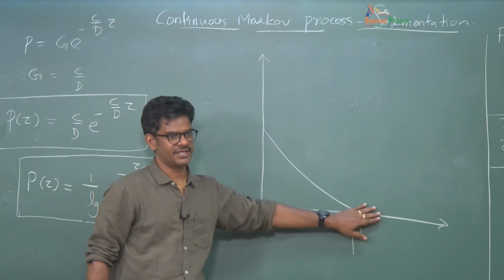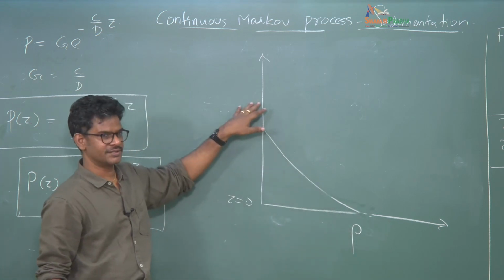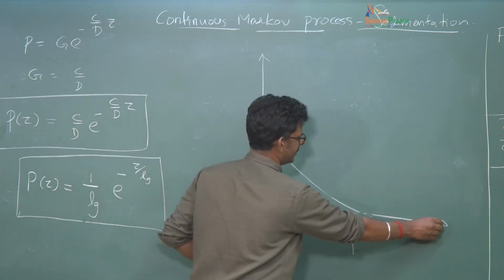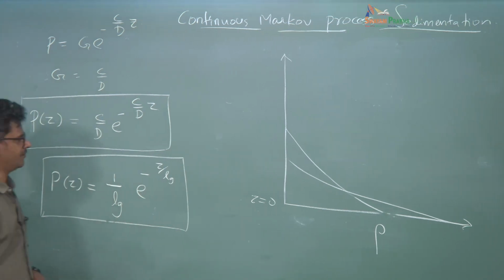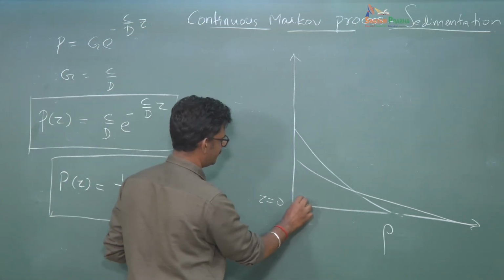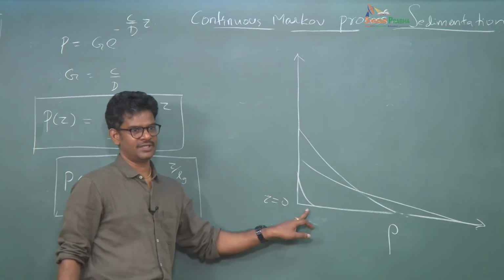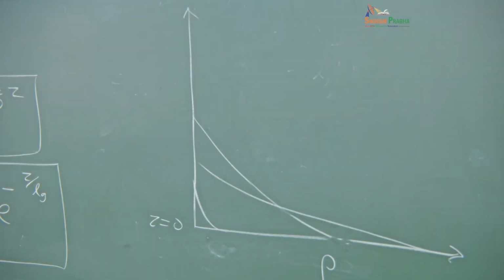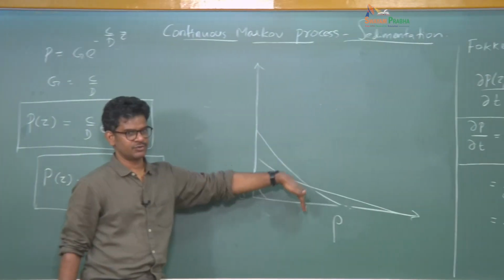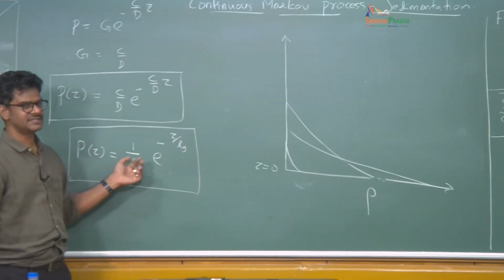Most of the particles are settled here, and then it goes like this. If you have very fine particles, you may have very slow decaying. If you have very heavy particles, you may have something like this, where everything is settled very quickly. So the rate of this exponential decay, the slope of this curve, is governed by this Lg factor.